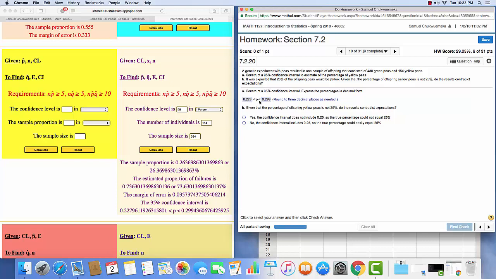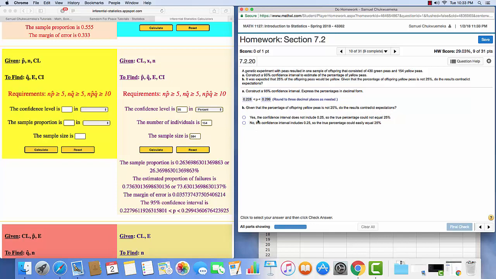So you look at this confidence interval: we are 95% confident that this interval, between 22.8% and 29.9%, actually contains the true value of the population proportion of the yellow peas. So 0.25 is inside this interval. So do the results contradict expectations?